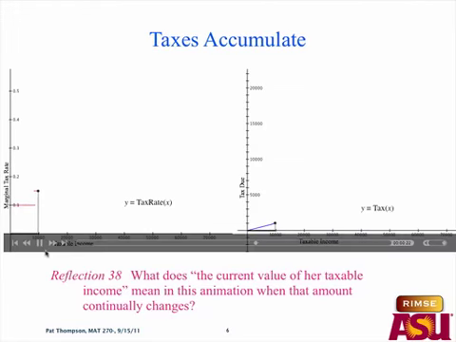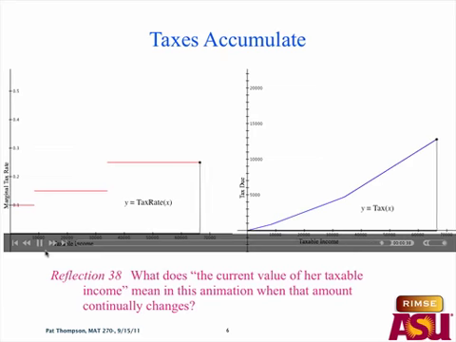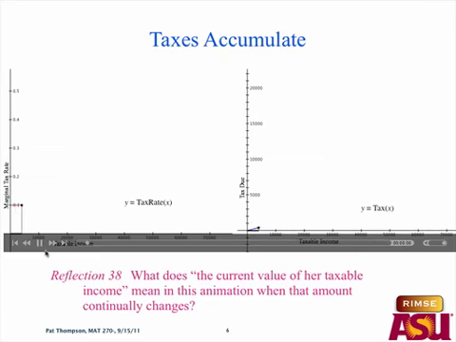Here's a hint. What does the current value mean? At a certain time during the year that she's working, it's the amount of money that she's made up until that point.